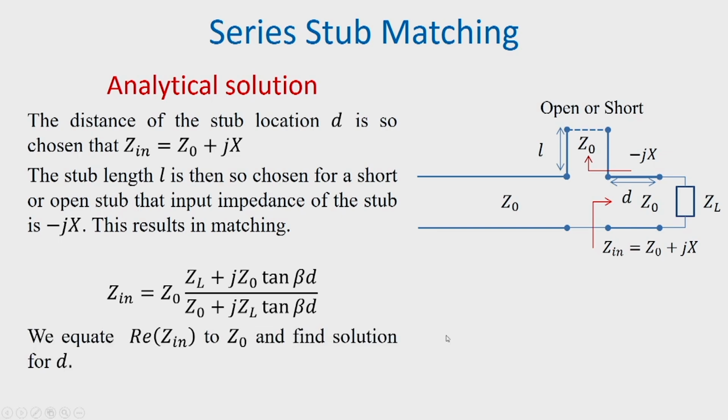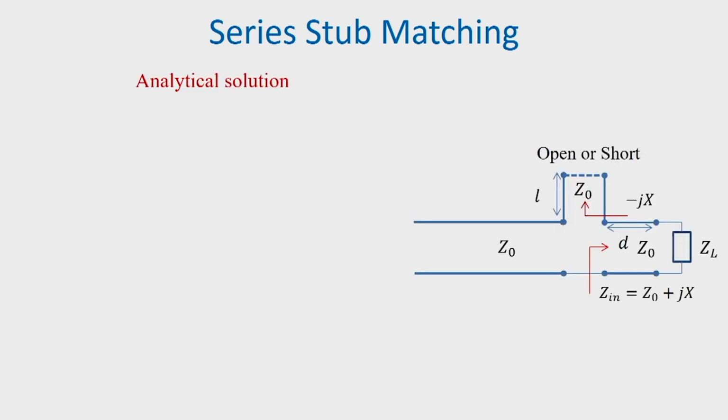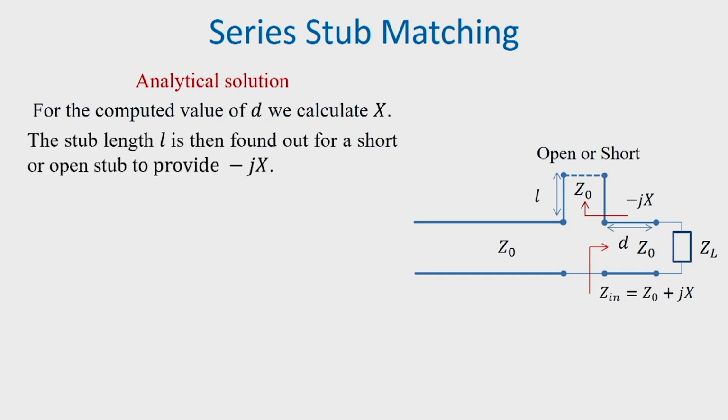And what we do is equate the real part of Z in to Z naught, and then we can find a solution for D. And once we have calculated D, we calculate the value of X by substituting D, and then we find the length of the stub so as to provide minus jX.